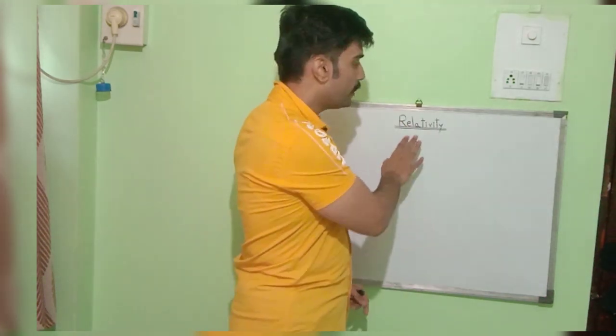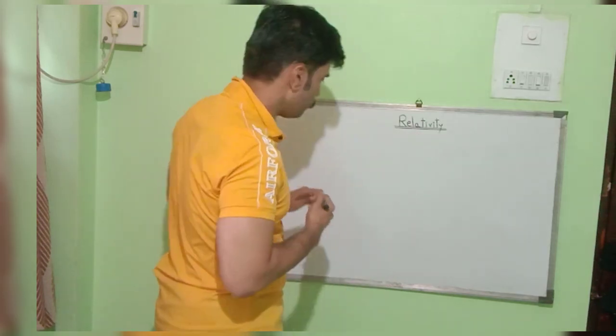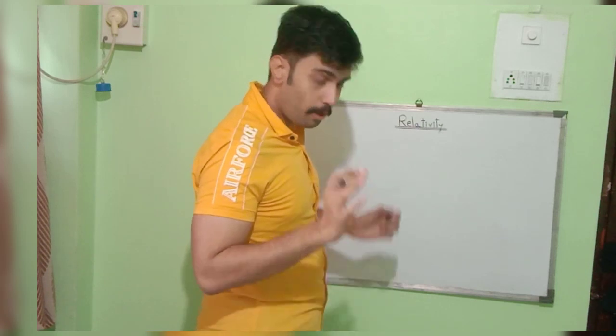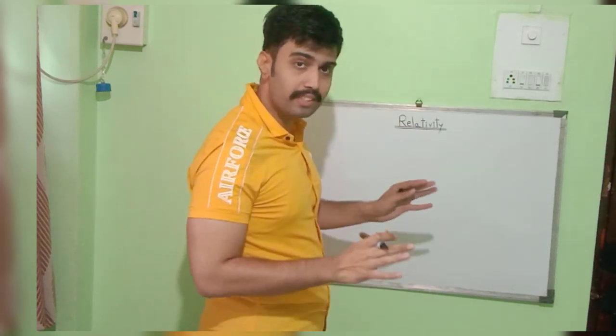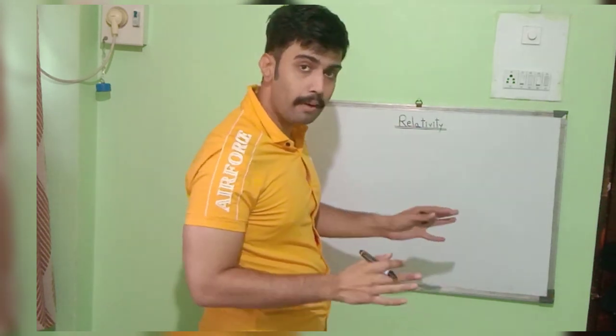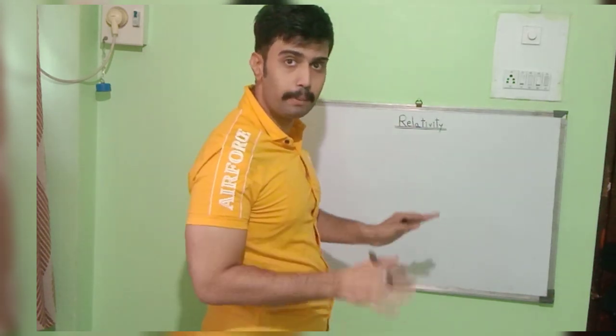Now in relativity, first of all, we'll know, as I said, that for a particular person who is thinking about another object or situation, he is thinking that he is at a stable state.